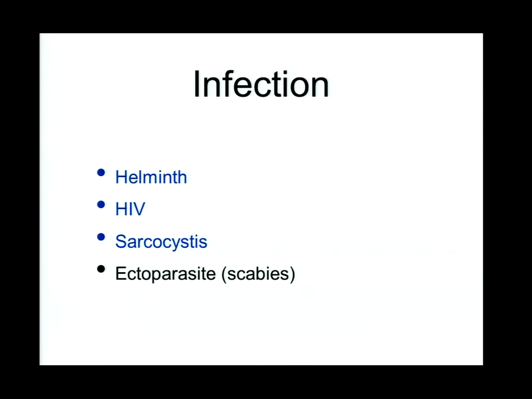And curiously, protozoan infections, like Giardia and Entamoeba histolytica, are not usually associated with hypereosinophilia, except for Sarcocystis. So we'll go through that, and then scabies. Scabies can present with hypereosinophilia, but that's also a very rare, small percentage.